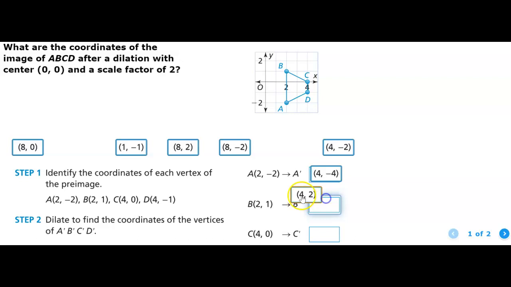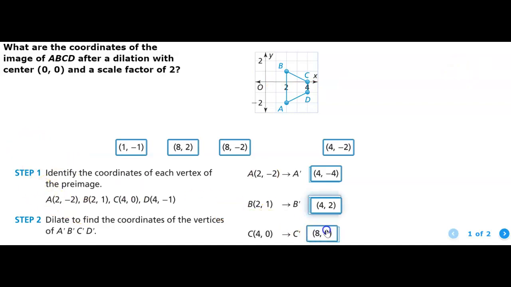So 4 and 2. And then through C, that's straight. So through C, that would be 8 and 2. No, 8 and 0.